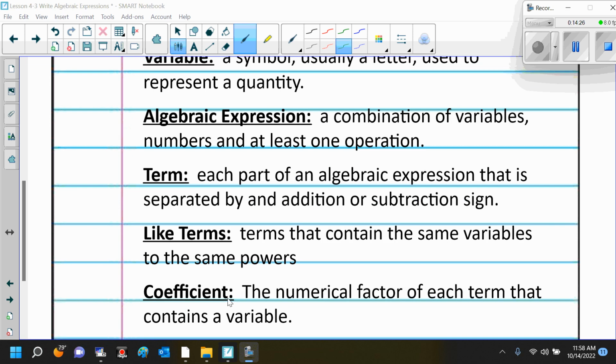The coefficient is the numerical factor of each term that contains a variable. It's the numerical part. So sometimes you'll hear me say that it's the number in front of the variable.